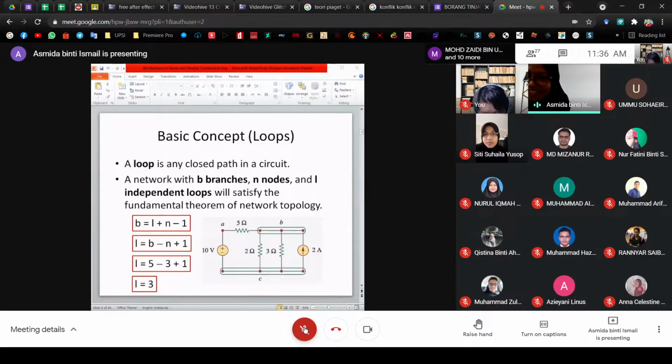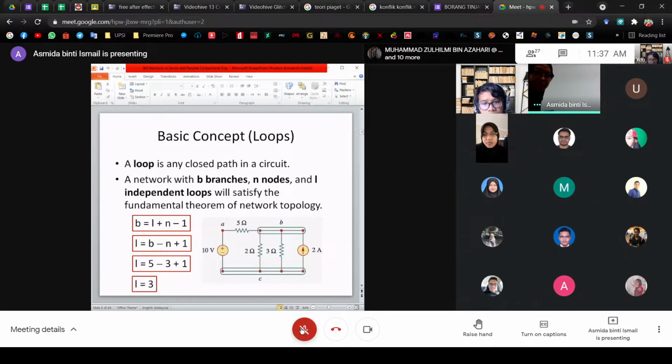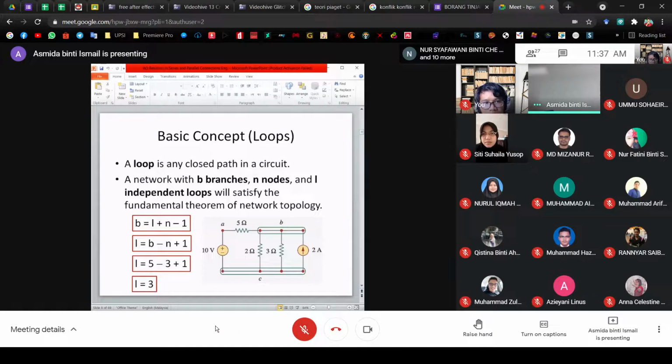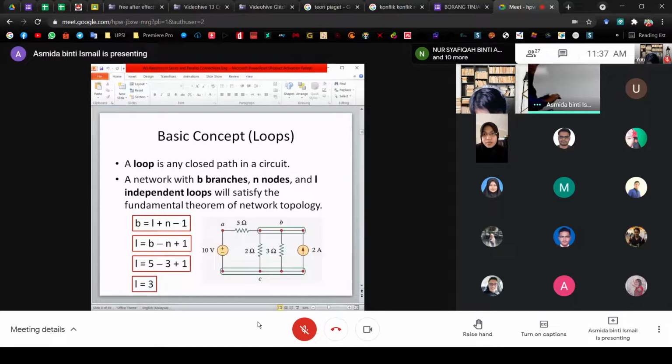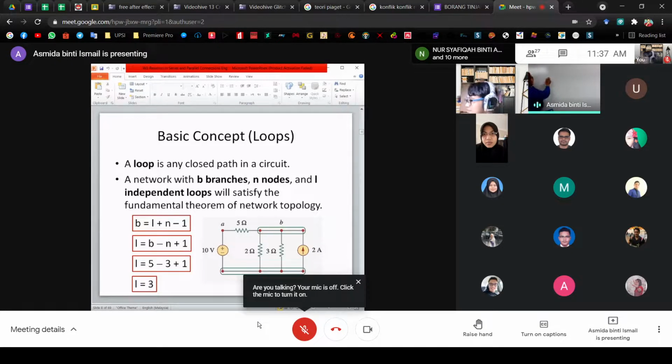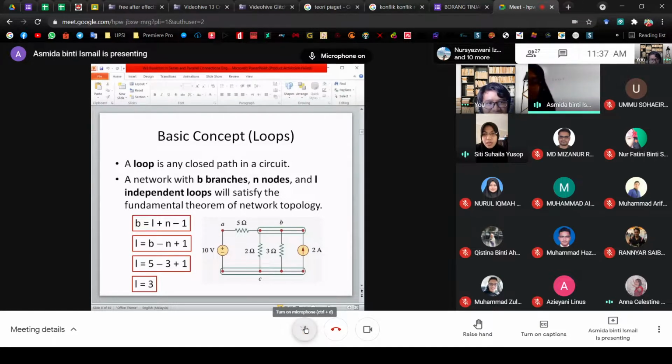Kalau saya tulis, nampak tak? Apa yang saya tulis?